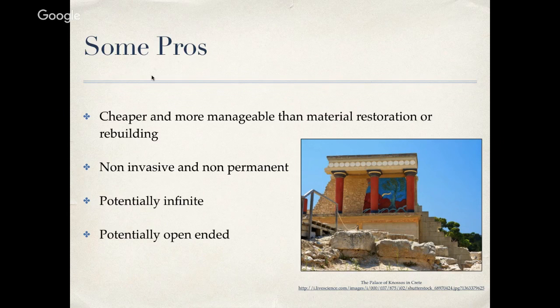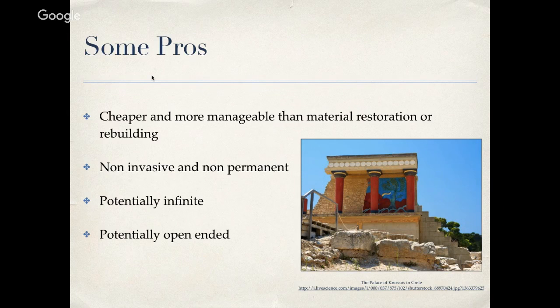And obviously we don't want that to happen. And with virtual representation, we are, let's say, more free to be biased because our representation is not making any actual change, is not going to have a permanent effect on the original monument.